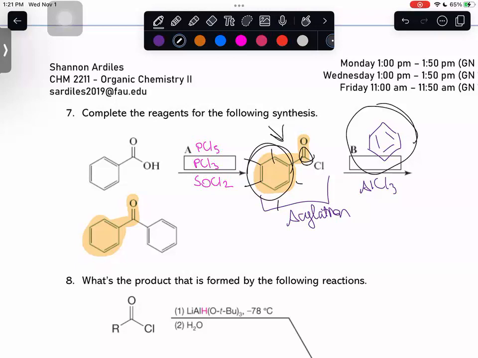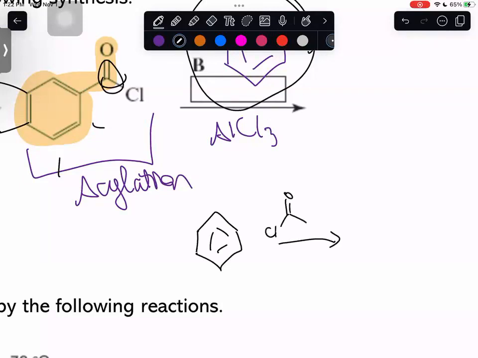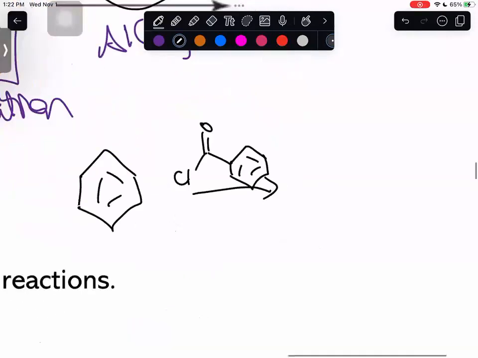Questions? We're just processing. We're very confused. I mean, my argument is how you're not adding an acyl. Yeah. Okay. For this one, what am I doing?